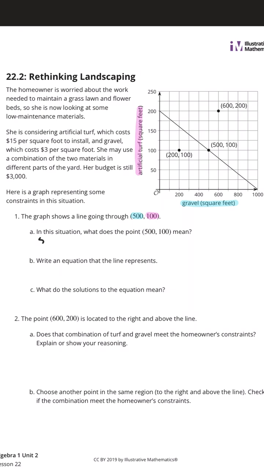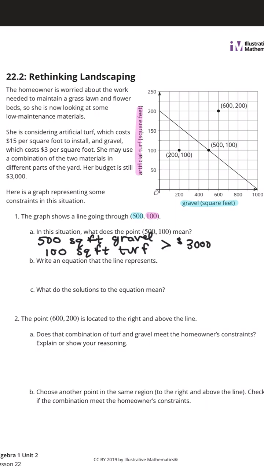So what that point means is we get some gravel, we get some turf, and because that point is on the line, together we know that equals $3,000. That's a combination that takes up her whole budget.